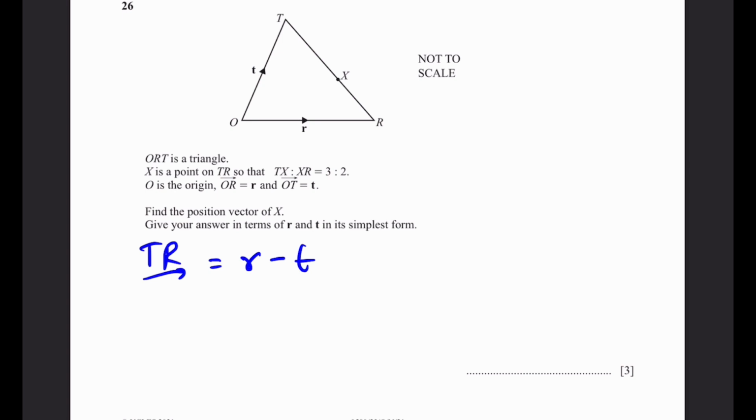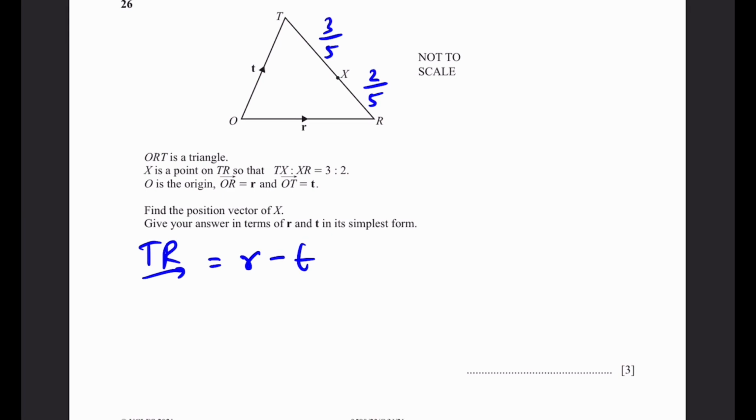Now, if TX is to XR equals 3 is to 2, TX will be 3 by 5 of the total, XR will be 2 by 5 of the total, because there's a total of 5 parts, right? So 3 parts out of 5 is simply 3 by 5 TR. And XR would be 2 by 5 of the total, because 2 parts out of total 5.